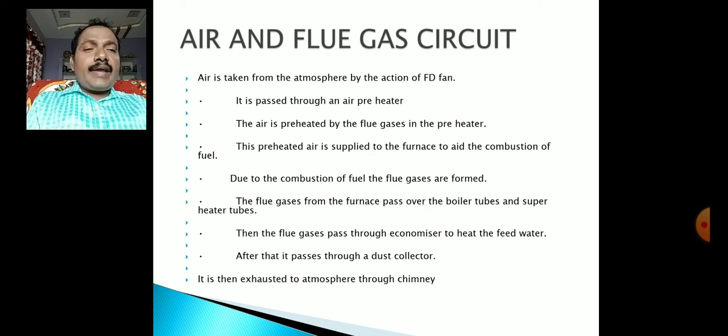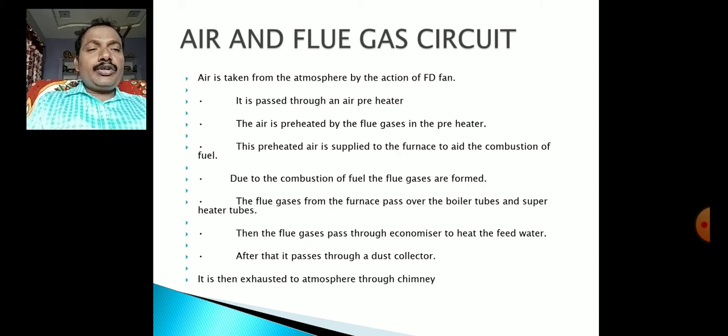So the flue gases inside the boiler must exit towards the chimney and into the environment. The flue gases from the furnace pass over the boiler tubes and superheater tubes.